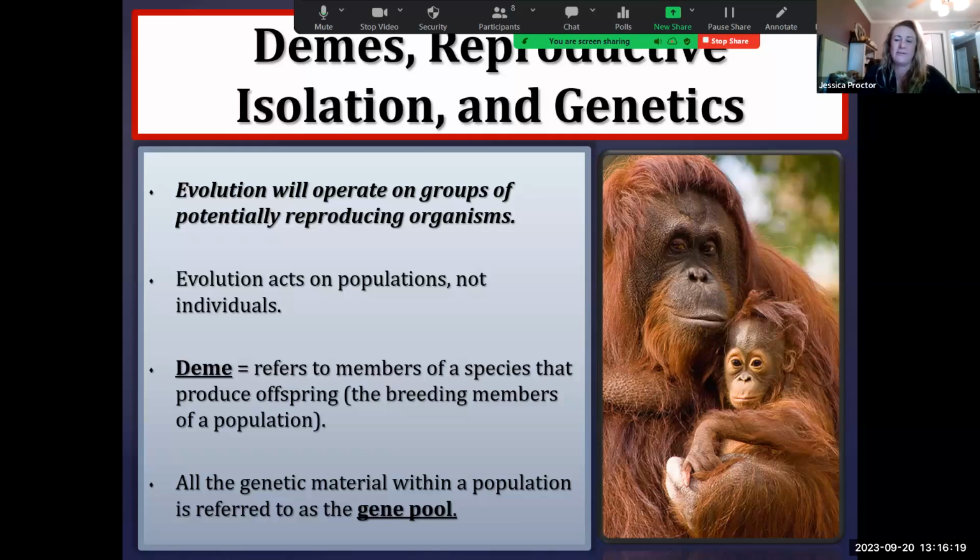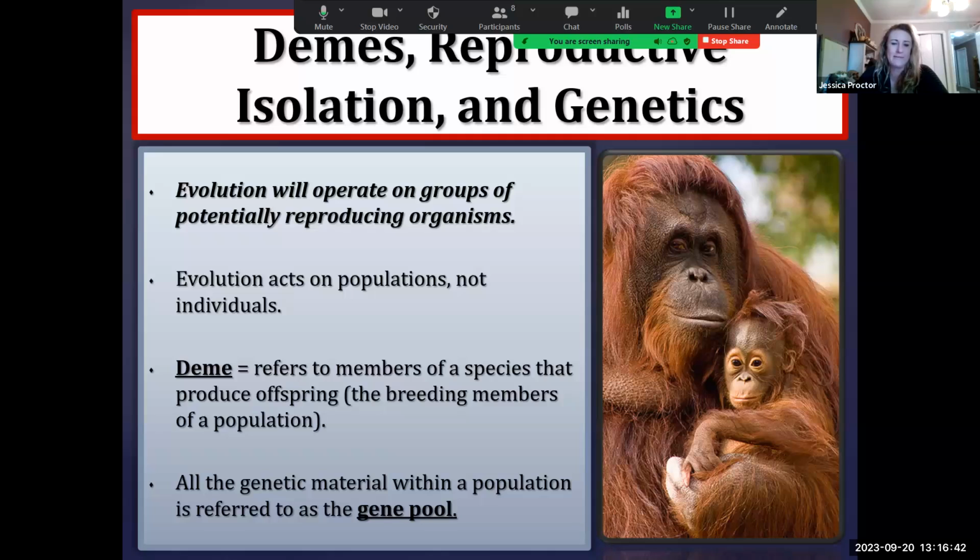So it's very difficult to study multiple generations of humans within a scientist's lifetime, or even a group of scientists' lifetimes. That's why when we're looking for evidence of evolution, we're often looking at organisms that have a relatively short lifespan. So evolution acts on populations of interbreeding organisms, not on individuals.